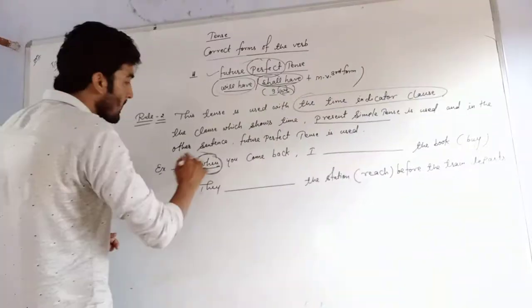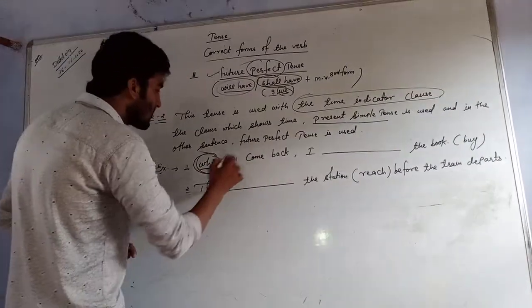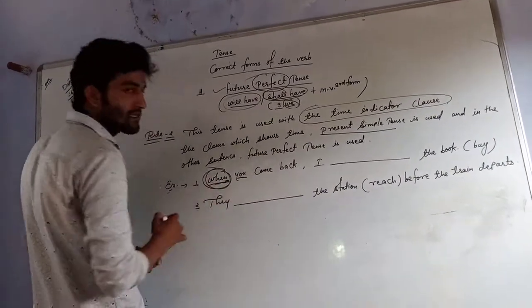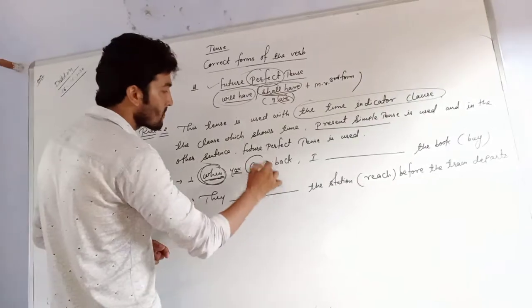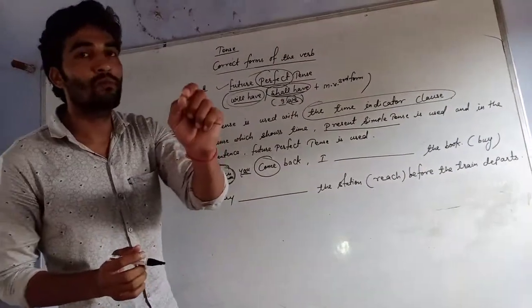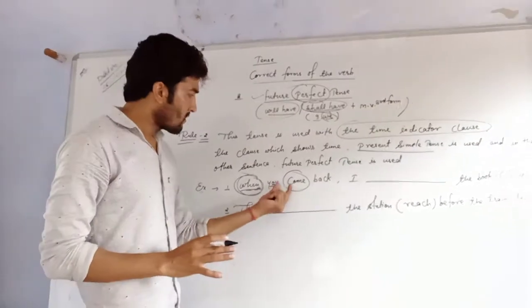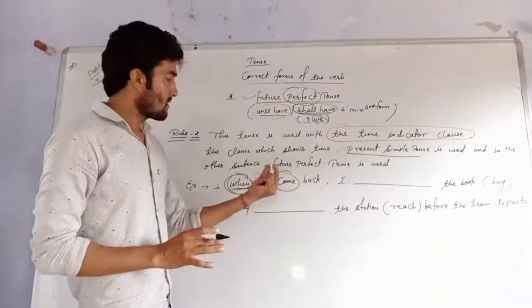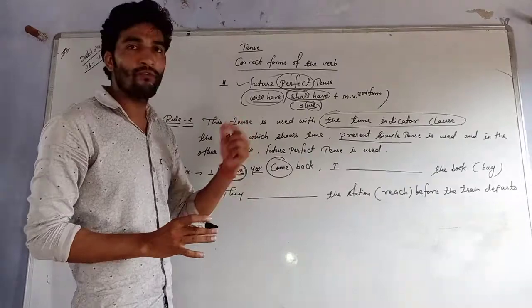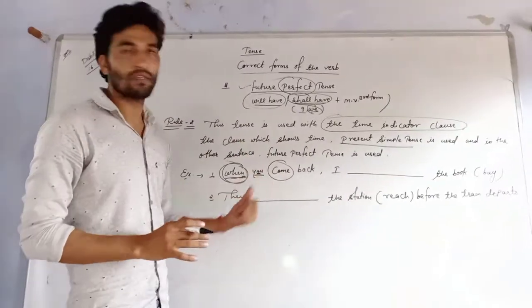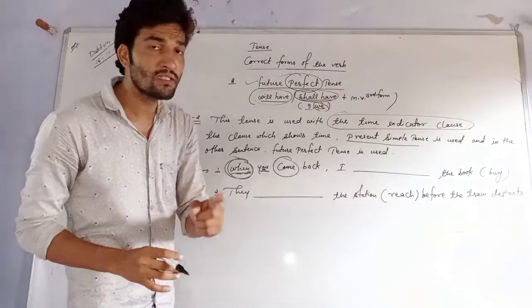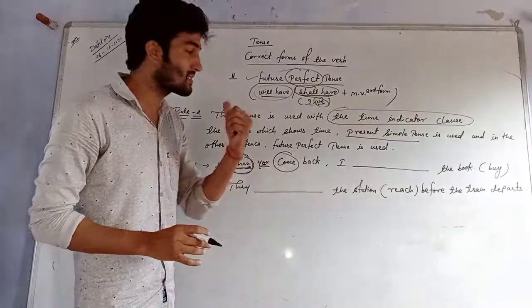After when, the subject is given, and after the subject comes the first form of verb. And always remember, if the first form of verb is given after the subject, it means present simple tense is there.